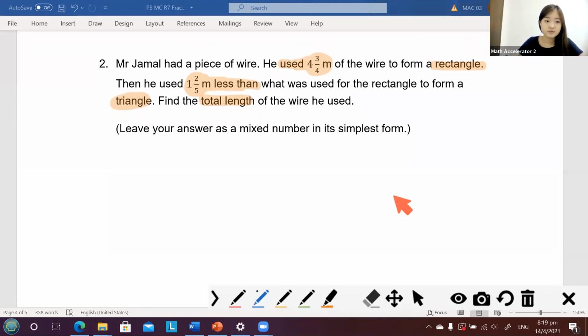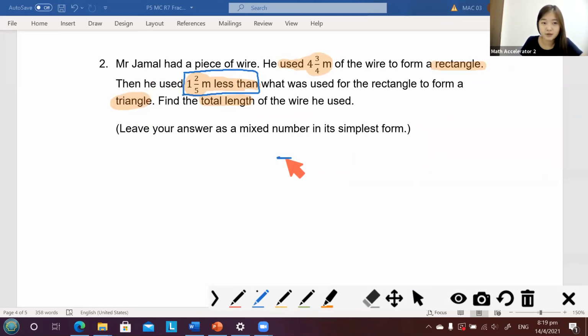You must have mistaken this 1 and 2/5 meters less. The triangle is less. He used this much less than what he used for the rectangle to form the triangle. So you should be subtracting to find the triangle.